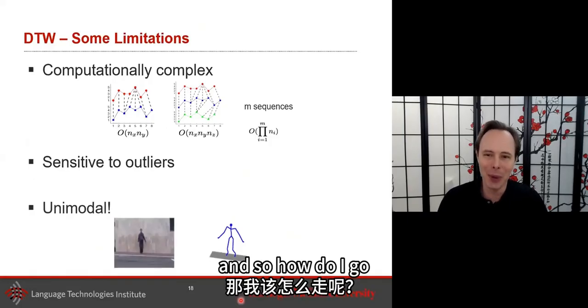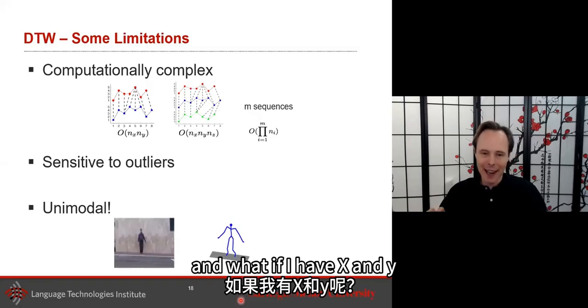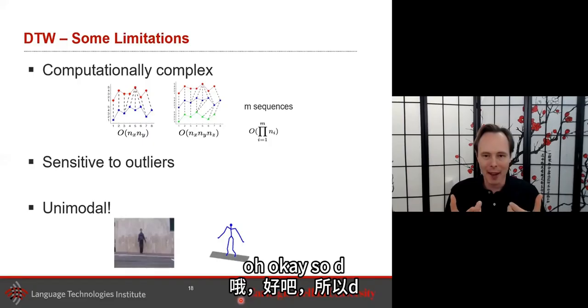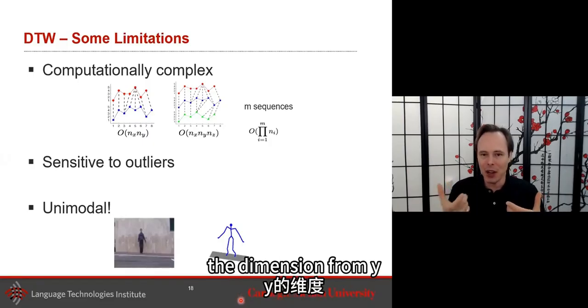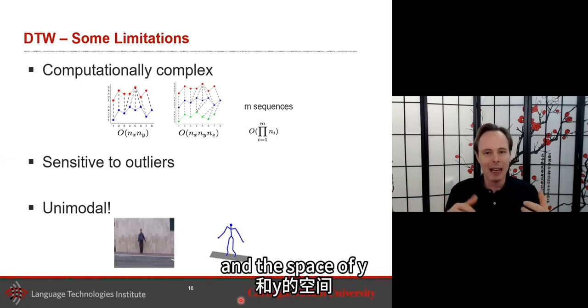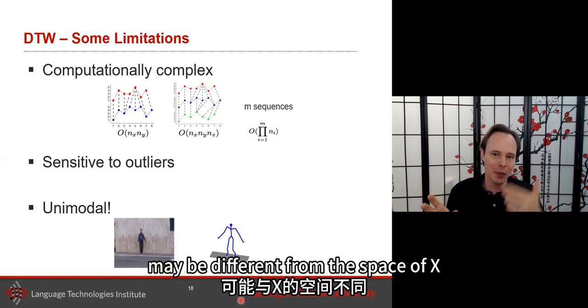What if X and Y are from two different modalities? The dimension D of Y may not be the same as that of X, and the space of Y may be different from the space of X.